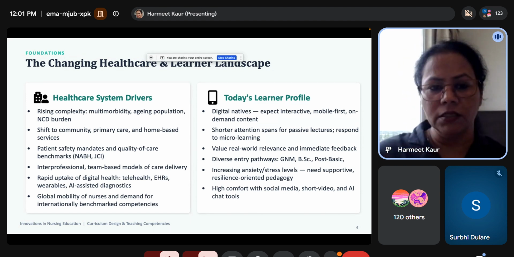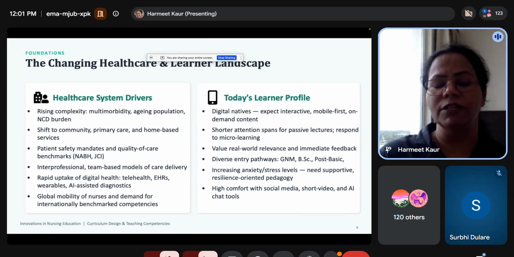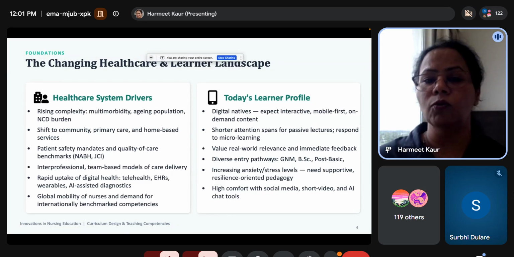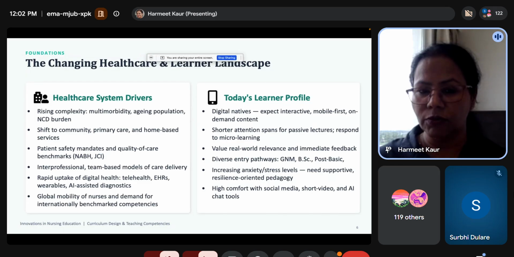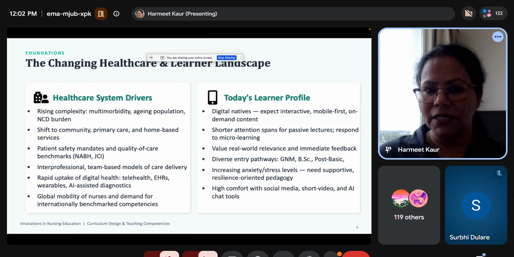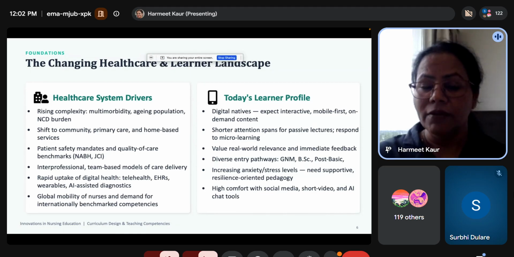So people can, from their app, whosoever at home needs any care, just like in Practo or Apollo, where through Practo you can get online services. The same way, home based services people can get through their app. So we need to prepare such people who are actually at the center of that kind of care.